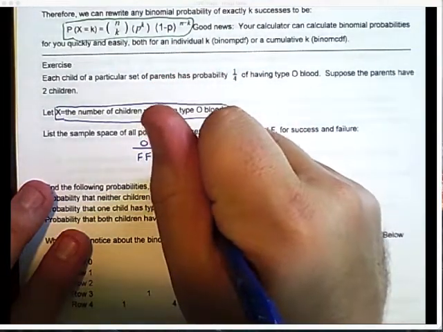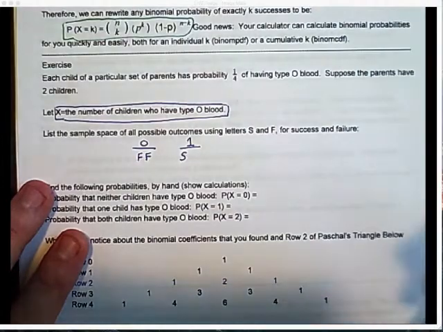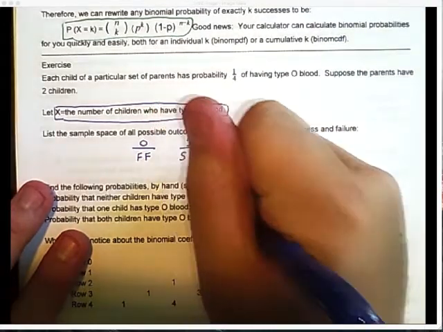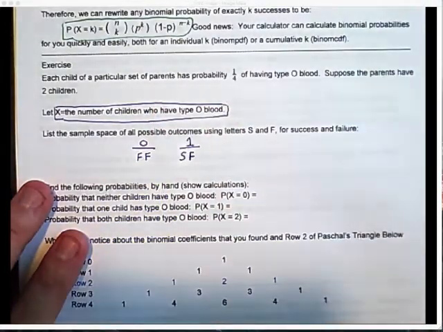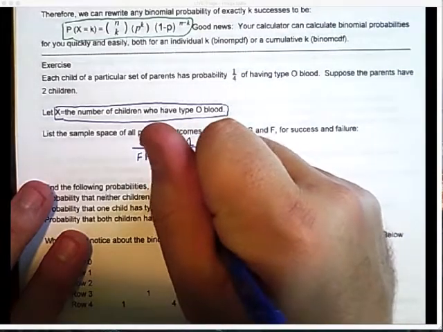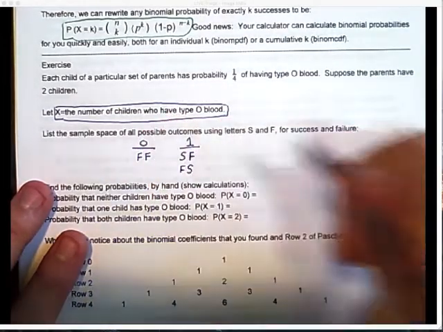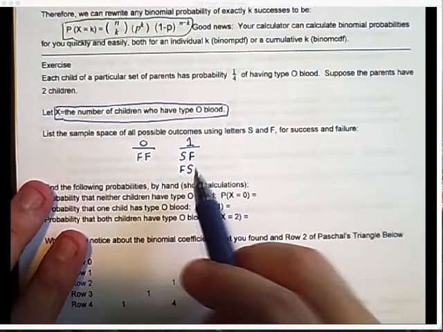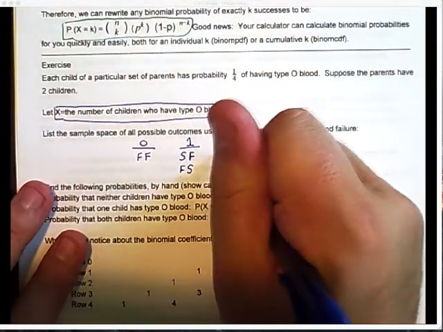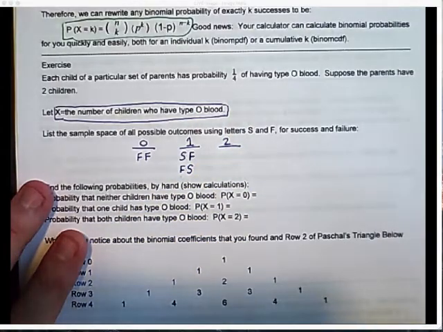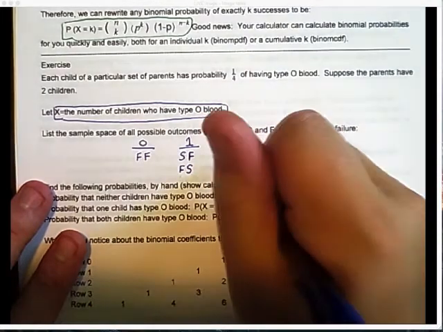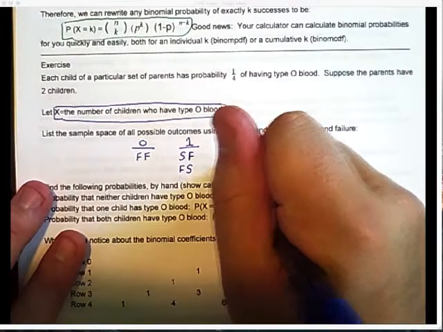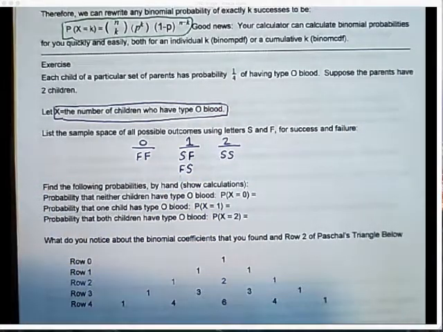Well, the first child can have type O blood, that would be a success, and the second child would not, so that would be a failure. Or it could be reversed. The first child could fail to have O blood, and the second child could be a success. Or we can have both children be successes. There's only one way to do that.